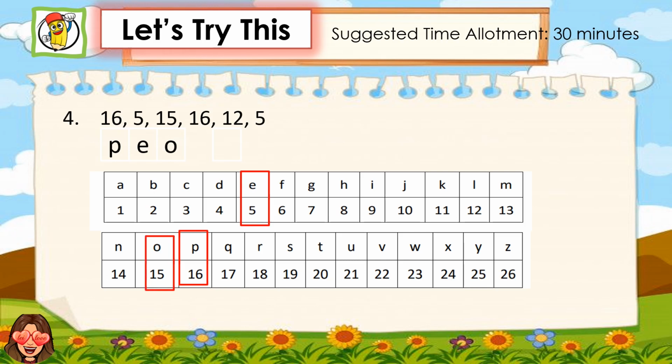That's letter O. And we have number 16 again. Of course, that is letter P. How about for number 12? That's letter L. Very good. How about for number 5? That's letter E again. So we can form the word for number 4: people.